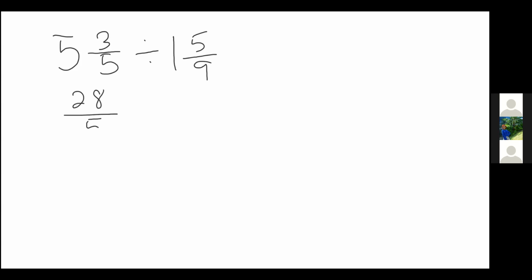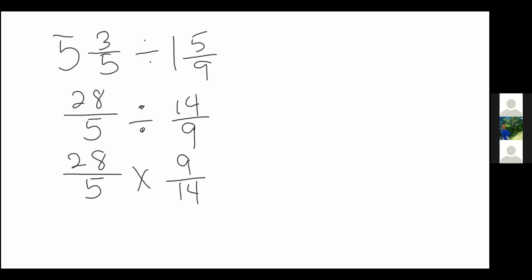5 and 3 over 5 divided by 1 and 5 over 9. First step is improper, which would be 28 over 5 divided by 14 over 9. Change it: 28 over 5 multiplied by 9 over 14.